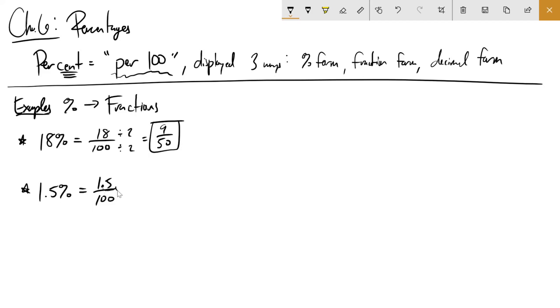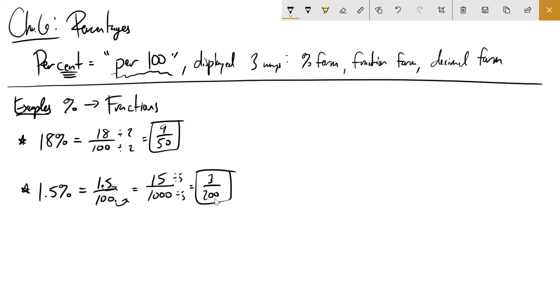I need to move it over to the right one spot to make it not a decimal, which means I also need to do the same thing downstairs. There's a decimal that we don't normally write at the end of 100. If I'm going to kick it over one place value, my denominator is going to become 1,000. And then, of course, reduce again. These are both divisible by 5. And so this will become 3 out of 1,000 divided by 5 is 200. All right?